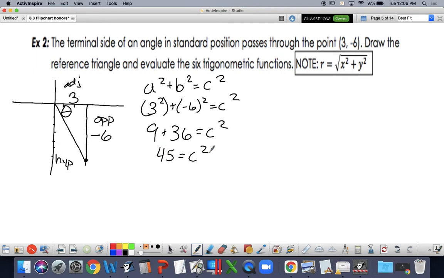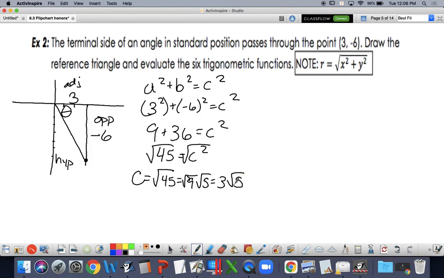So I get that c squared is equal to 45, which tells me that c is equal to the square root of 45. So is there a perfect square that divides into 45? 9 is. So I get the square root of 9 times the square root of 5. So I get 3 square root of 5.